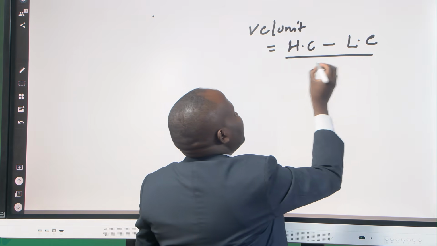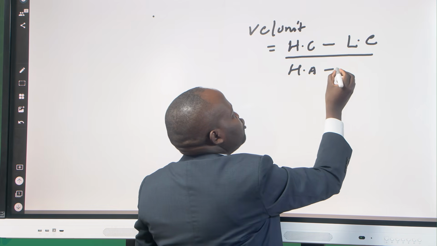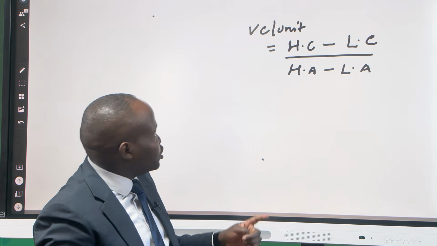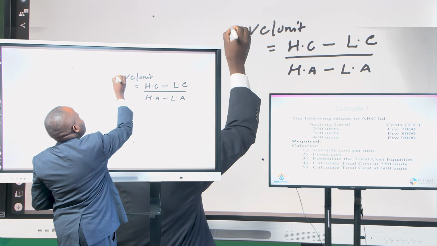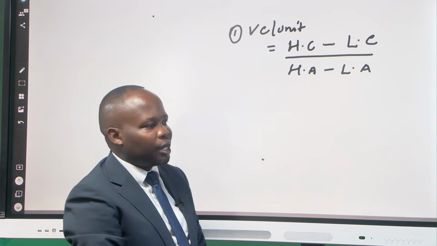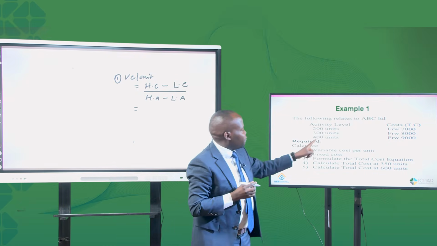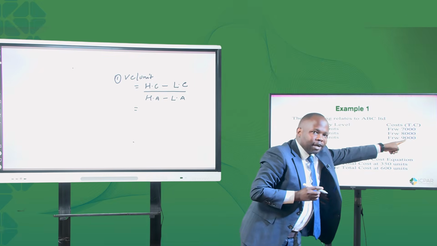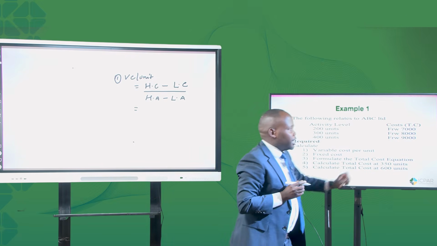Divided by highest activity minus lowest activity. So when you want to get the variable cost per unit, which is our requirement 1, that is what we have. Now we go to the question, and we identify the highest activity with the corresponding costs, and the lowest activity with the corresponding cost.